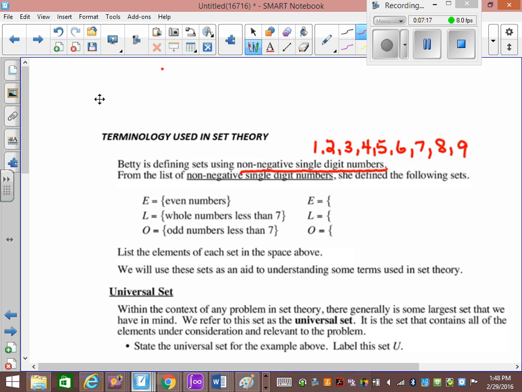Okay. And I'm just choosing to not put the 0. From the list of non-negative single-digit numbers, she defined the following as even numbers. So which of those are even? This is our little universal set.